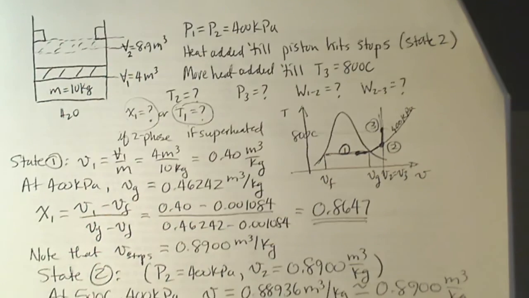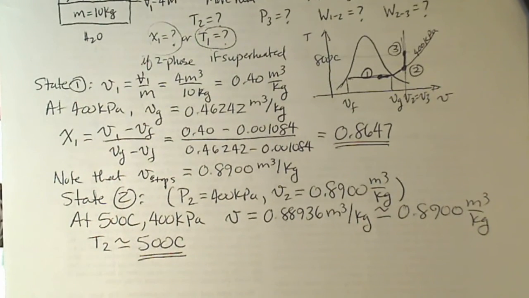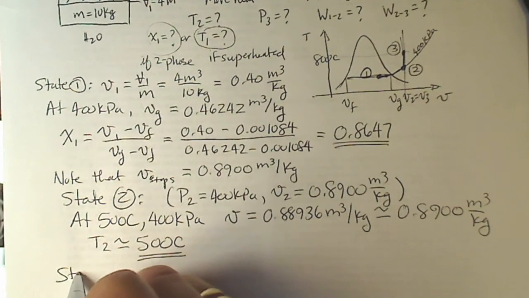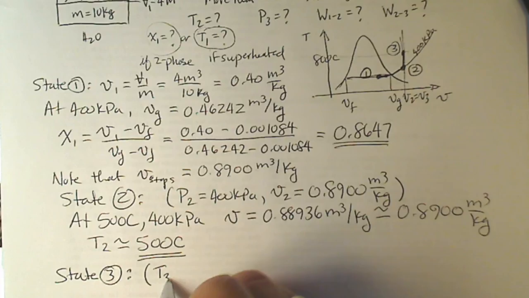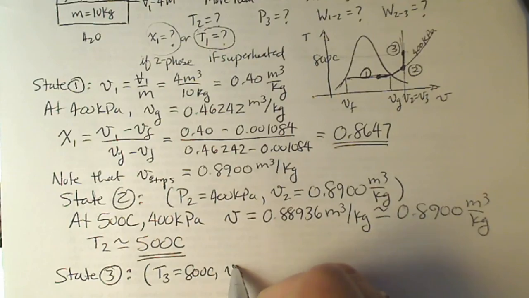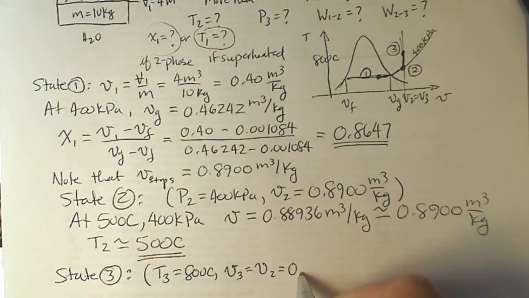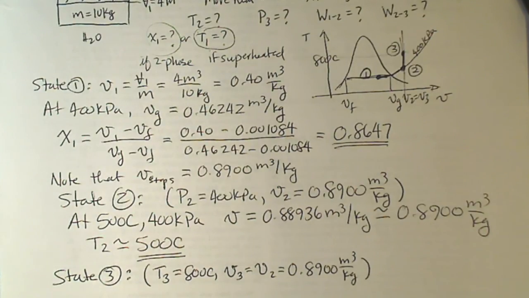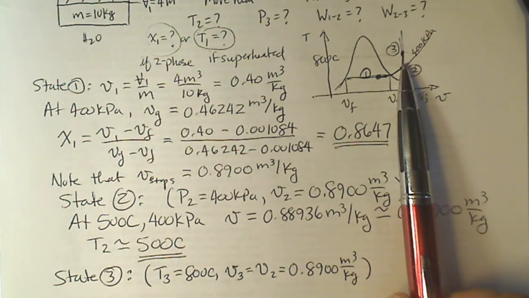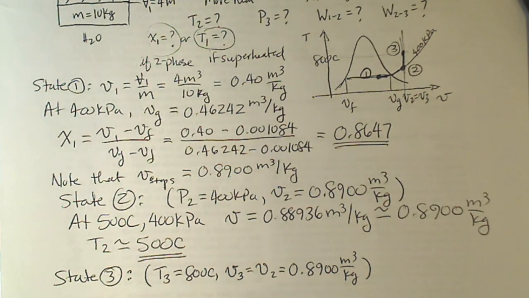And so we can see that state 3 is fixed by the property coordinates T3 equals 800 and V3 equals V2 equals 0.8900. So we know it's in the superheated region from the sketch, and we know the temperature and the specific volume.